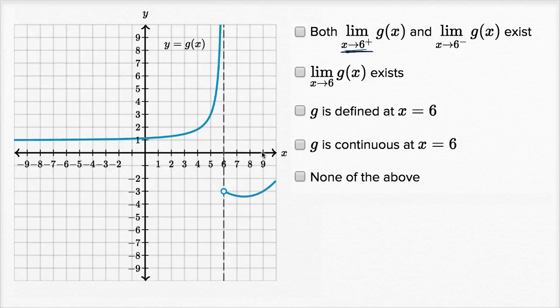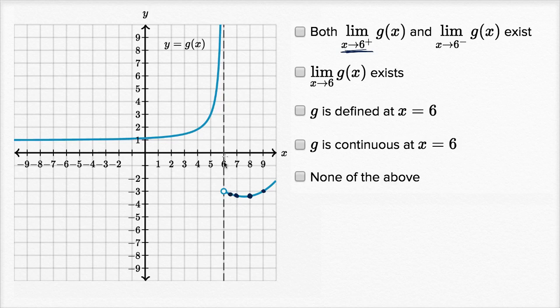If we look over here, when x is equal to 9, g of 9 is right over there, g of 8 is right over here, g of 7 is right over here. It looks like it's between -3 and -4. G of 6.5 looks like it's still between -3 and -4, but it's closer to -3.